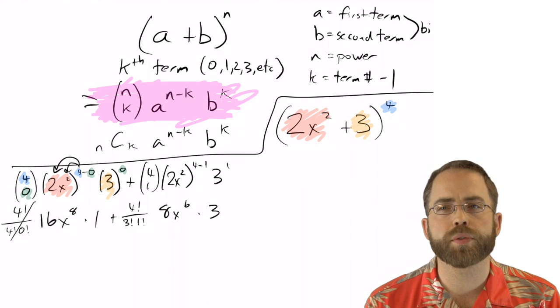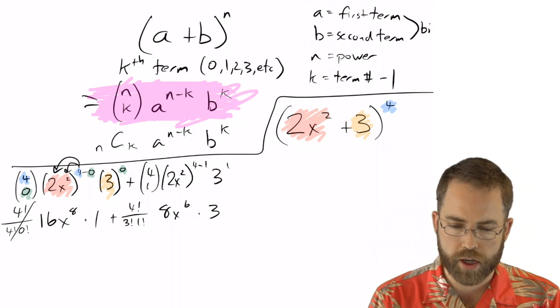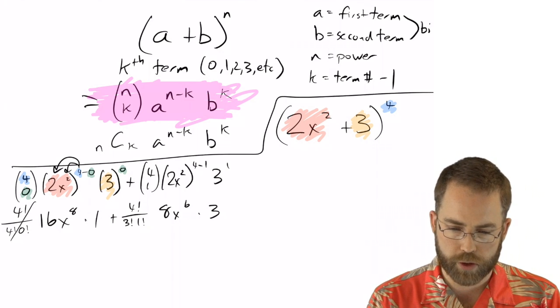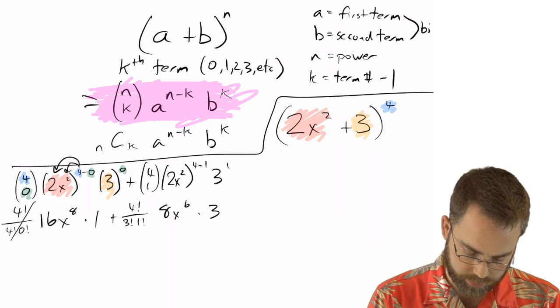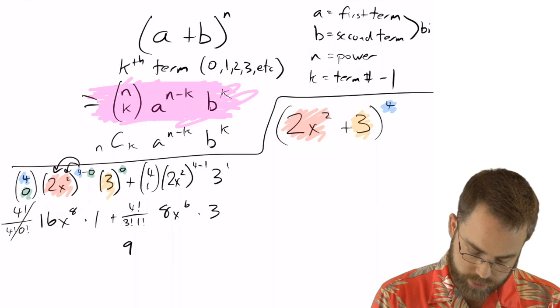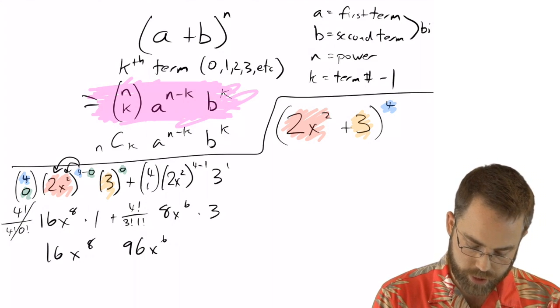All right, so 4 factorial over 3 factorial is just 4. 4 times 8 is 32. 32 times 3 is 96. So 96x squared. I have the polished version down here.